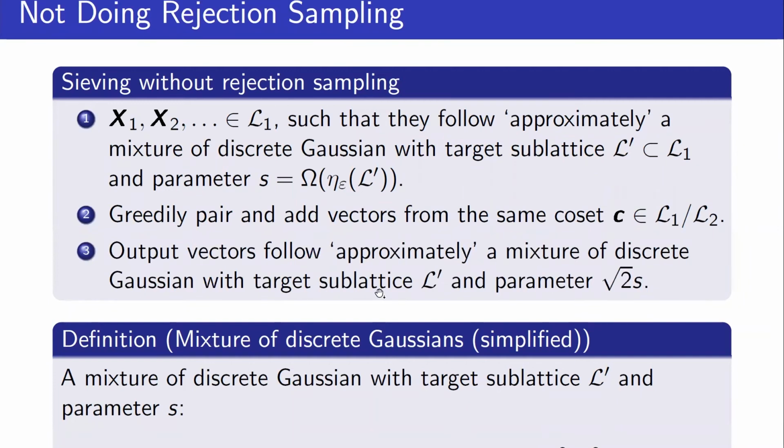And then after some calculation, we can show that the output vectors are going to follow approximately a mixture of discrete Gaussian with the same target sublattice and with the parameter increased by a factor of square root 2.